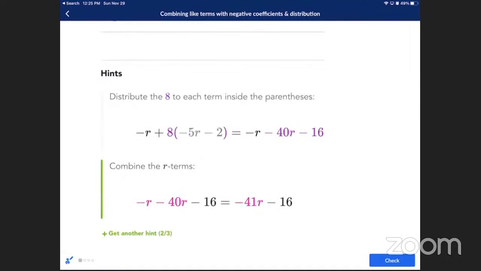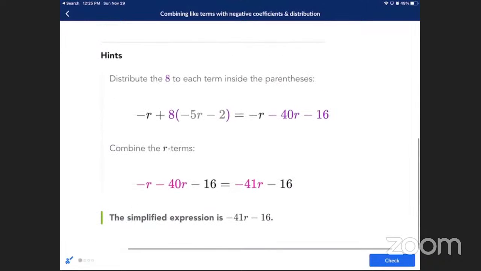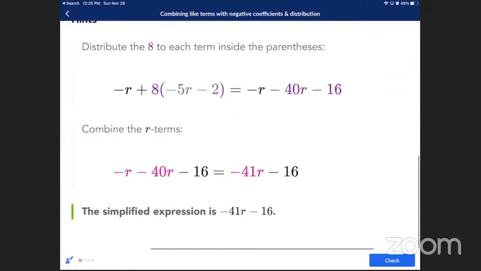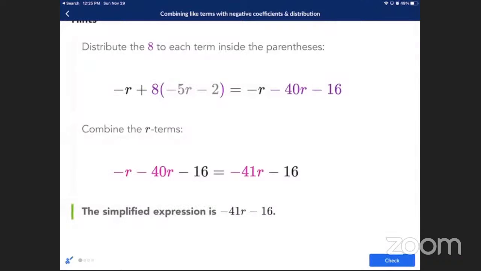So I actually distributed it wrong. We ended with negative 41R minus 16. So in order for us to plug in these numbers properly, we have to distribute the numbers first.